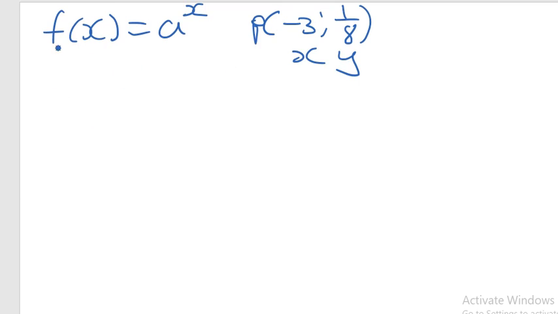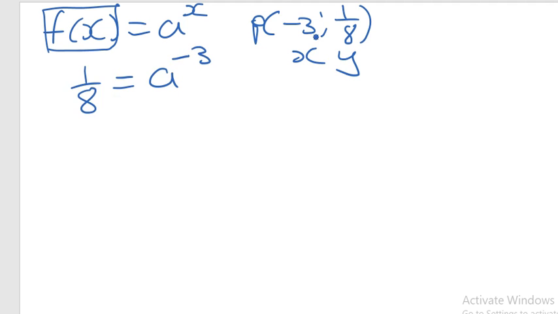So we can substitute. This is our y, we just say 1/8. And then we've got a to the power of -3, that is the value of x there. So we change 8 and write it in exponential form, so that will be 2 to the power of 3.